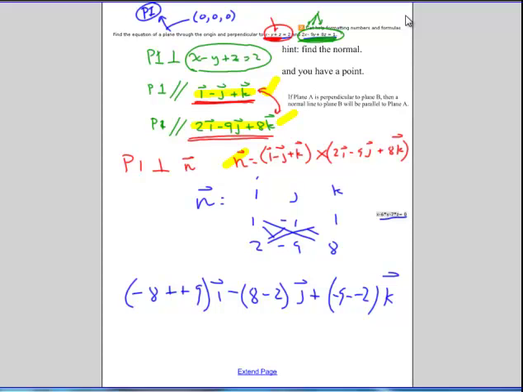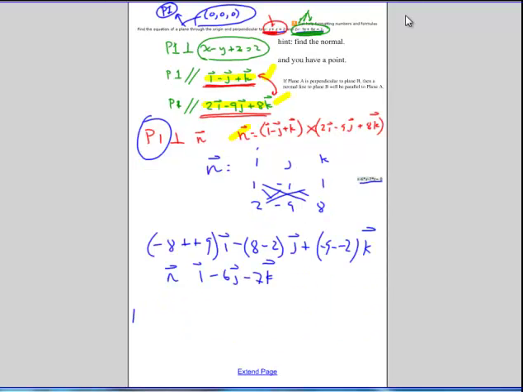And if we simplify this, this is just i minus 6j minus 7k, and that's our normal vector to plane 1, which contains the origin.